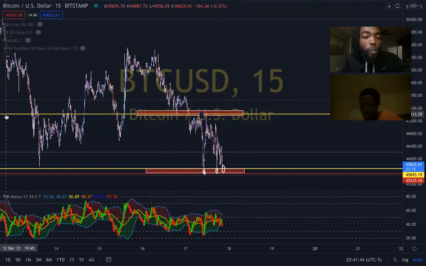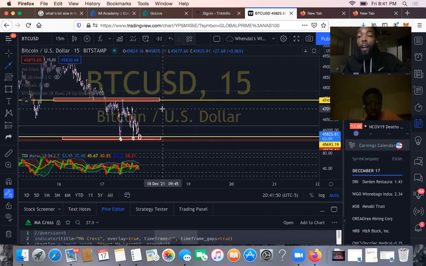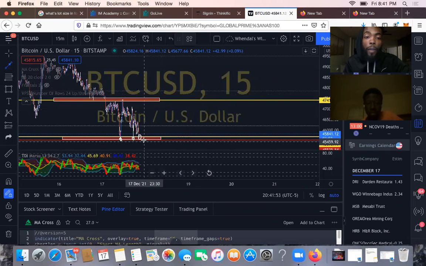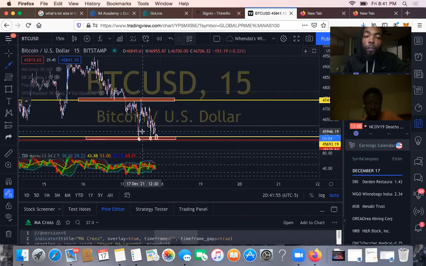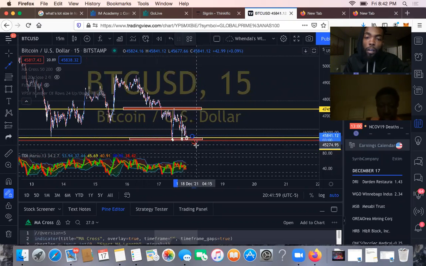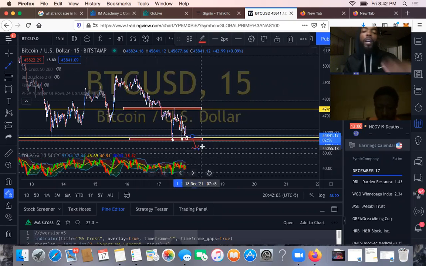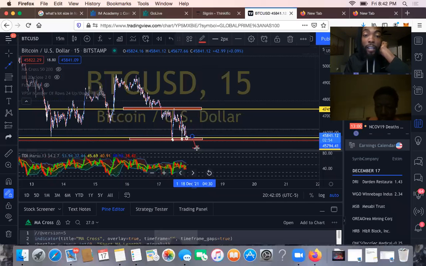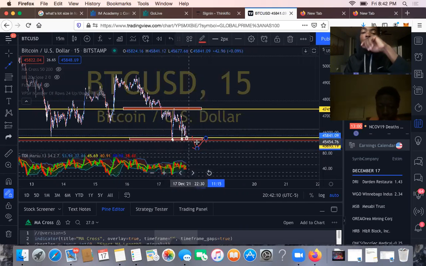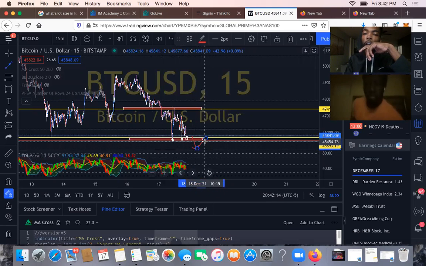But now what you're looking for is a break of that zone. So say you're not in a trade right now, you didn't buy from down here. Now you wait for this trade to break below this zone. A candle's gonna break below the zone, and then you're going to see a candle go back up and touch this zone. When you see that happen, that's called the break and retest, because it's retesting the zone that it just broke.